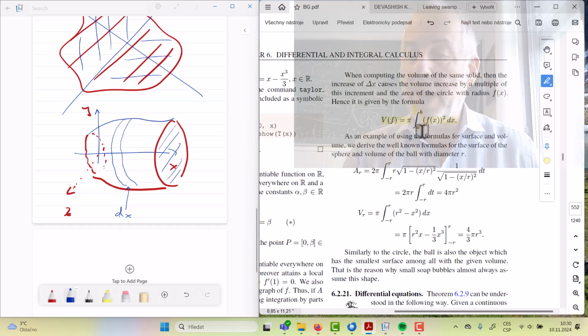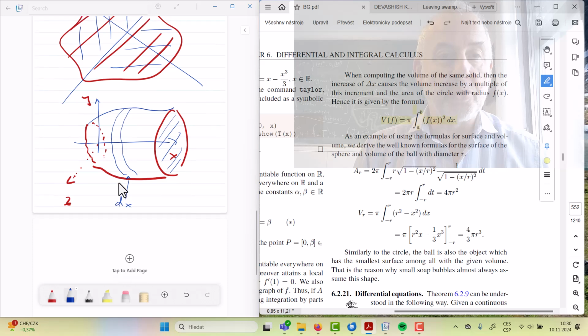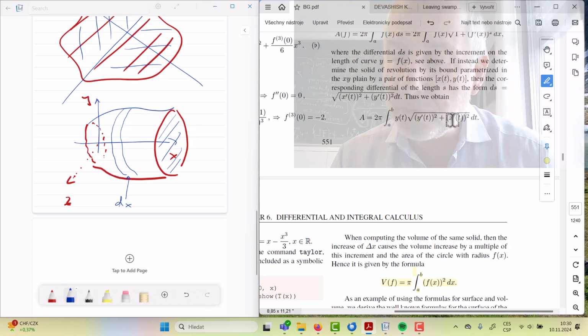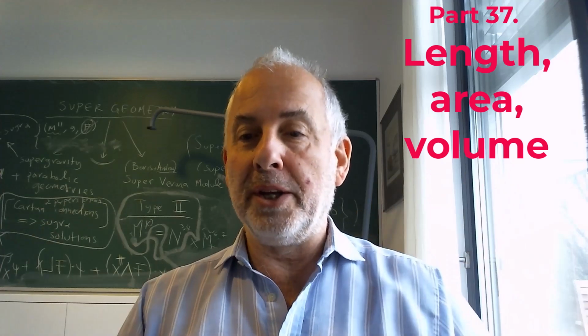So you go from a to b and you add these small pieces of cake of the radius f(x), and that's it. If you want to compute the area, so the surface, then of course it's just this, because that's the length of the small piece of the curve. So you simply have to take the length of this small piece of the curve, that's this, and that's how you get it.